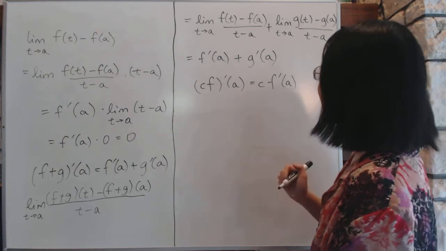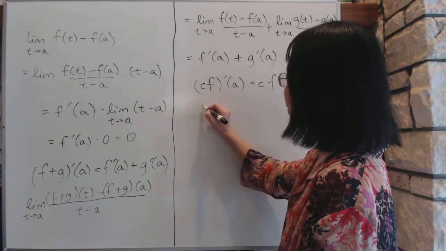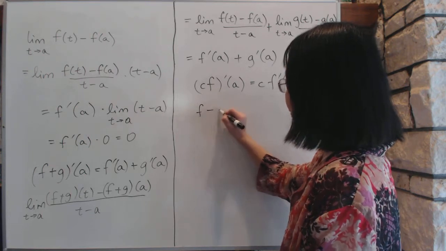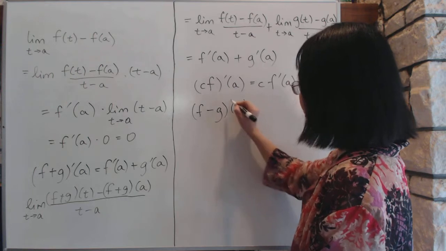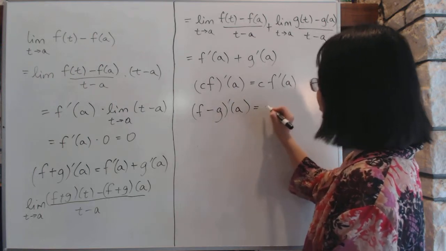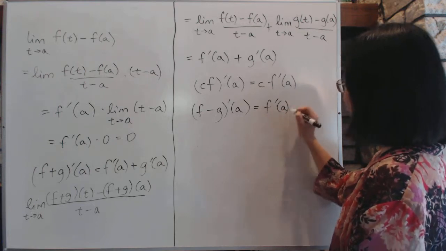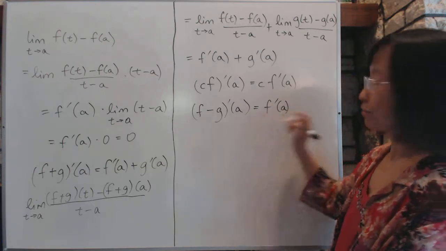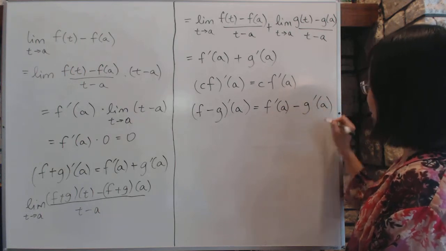And because of that, subtraction works the same way. If you have two functions subtracted and you need the derivative, it's the same as calculating the derivative of each individual one and then doing the subtraction.